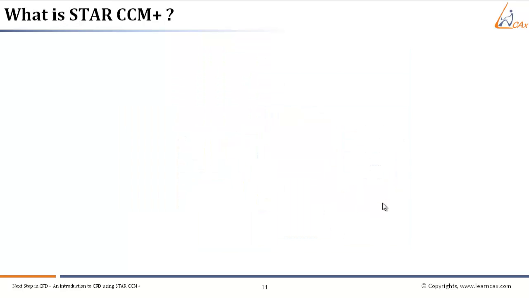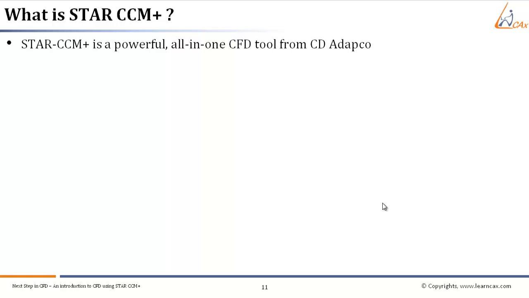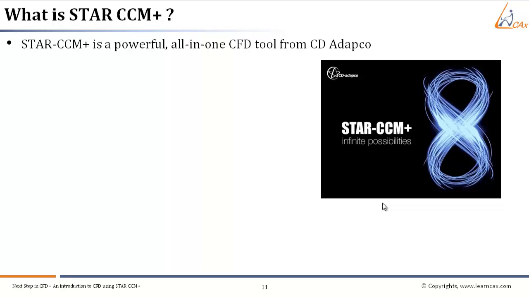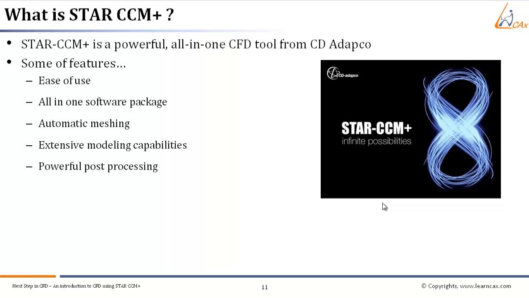After understanding the background of CFD, let us get introduced to the software for which we are doing this particular webinar, that is STAR-CCM+. STAR-CCM+ is a very powerful all-in-one CFD tool from CD-adapco. Some of the important features for which it is well known is the ease of use. It is an all-in-one package.